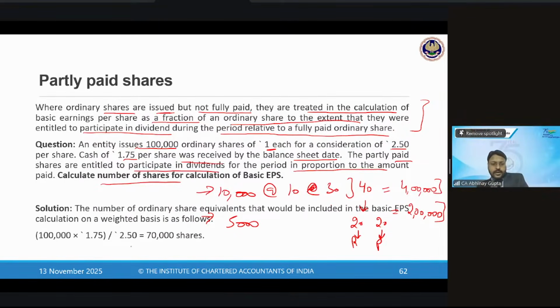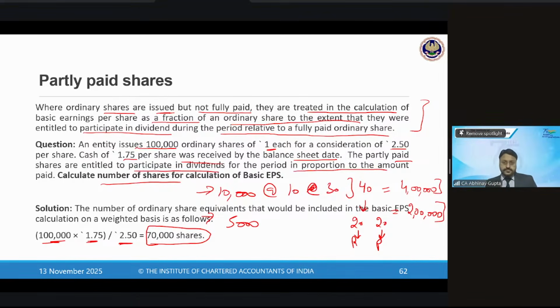So how will it be calculated? 1 lakh into the monies we have received, divided by the monies expected to be received. So 70,000 is the number of shares which we use in the denominator as the weighted average number of shares for the calculation of earning per share, right? Clear concept?